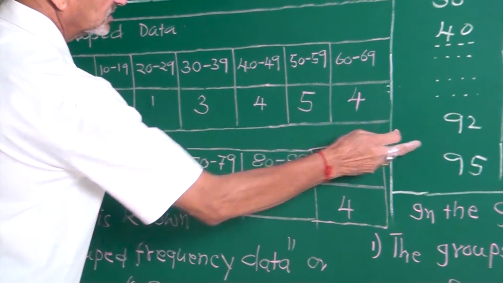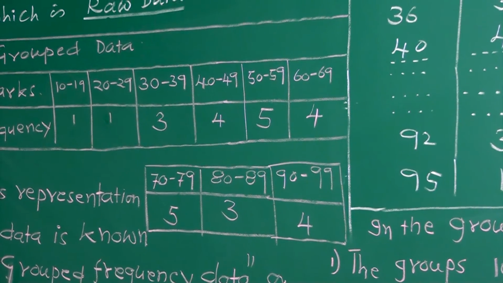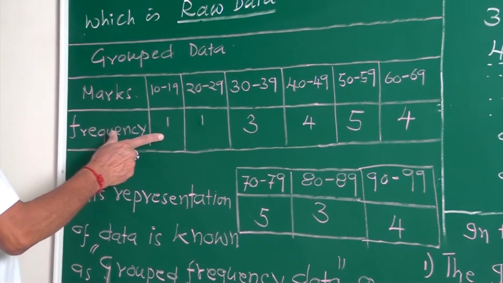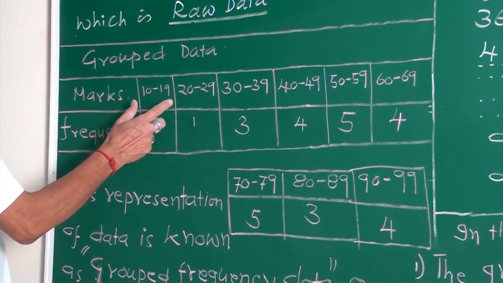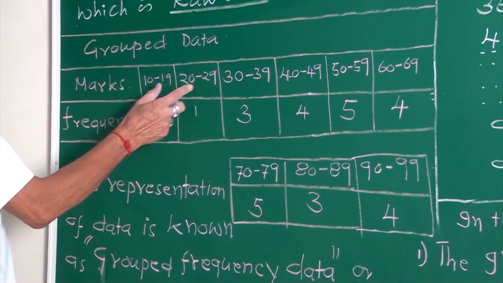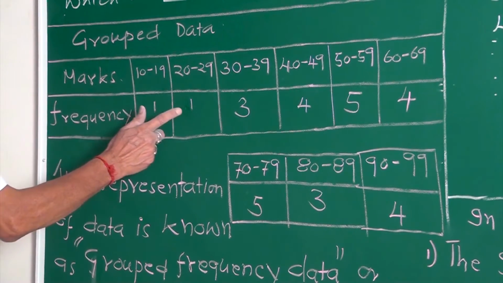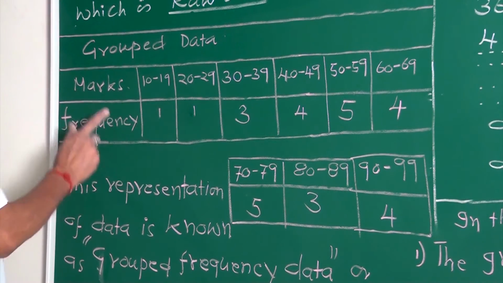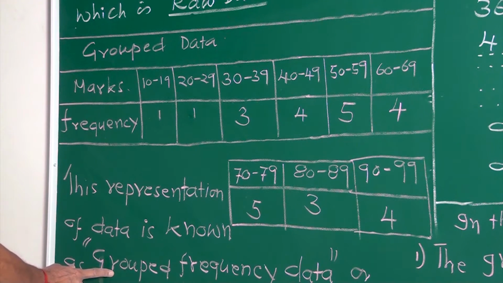This, my friends, again we condense. We condense that ungrouped form and rearrange it in the form of groups. Instead of writing individual marks, we write them in the form of groups, and down is the frequency. This representation of data is known as grouped data or grouped frequency data.